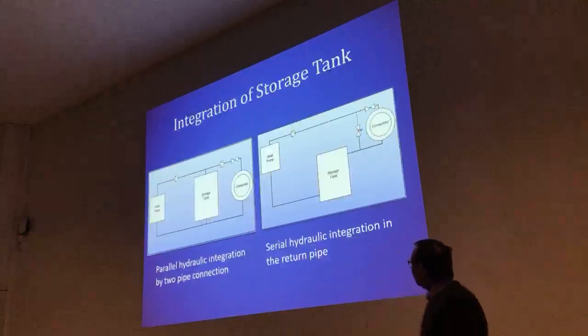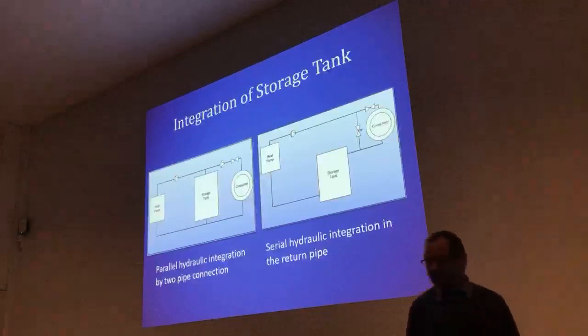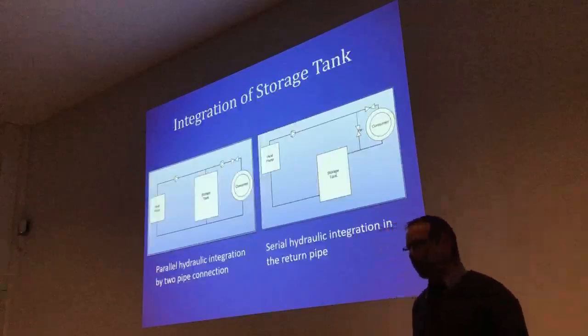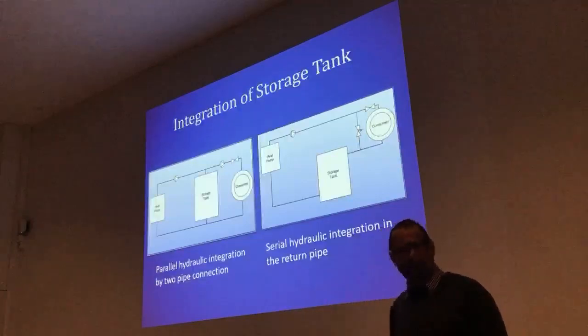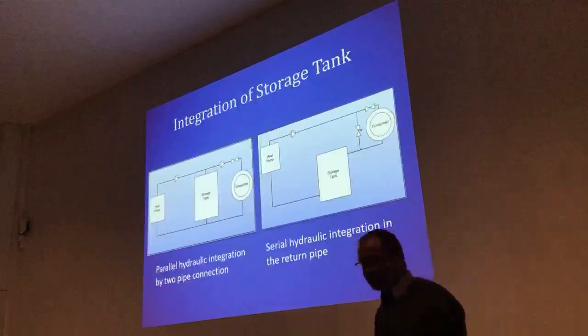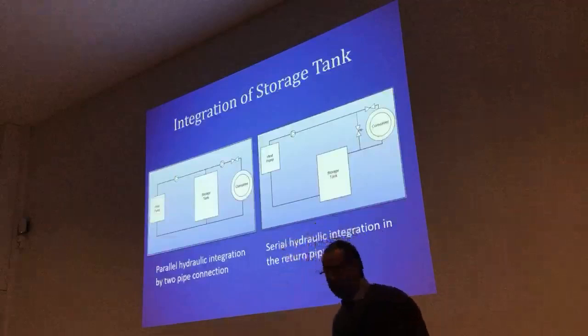And on the right-hand side, you have a serial hydraulic integration in the return pipe. Integrating the storage tank in the return pipe has the advantage that it operates at a lower temperature level and so has less losses than installing it in the supply line.